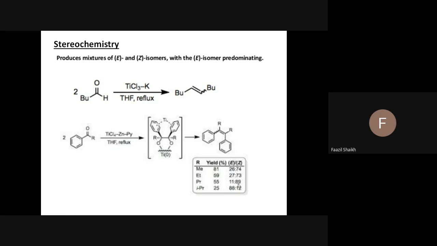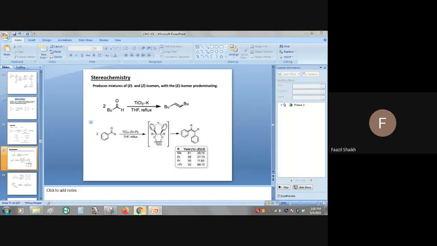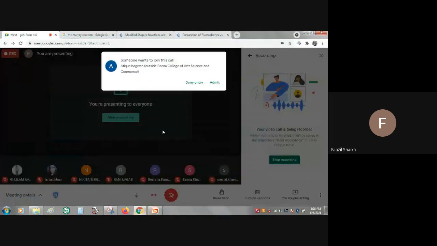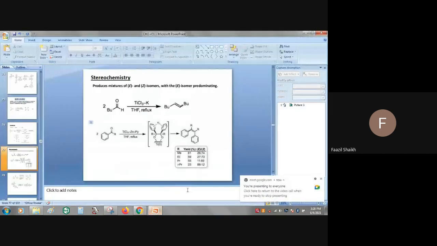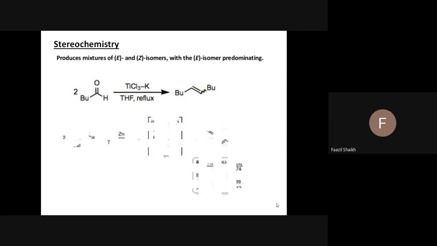Z is 89%, and E also decreased here. If it is an isopropyl group, you see the product of E, or we can say trans product, is very high. Hence we can say that if this R group is bulky in nature, the E or trans product will be higher.